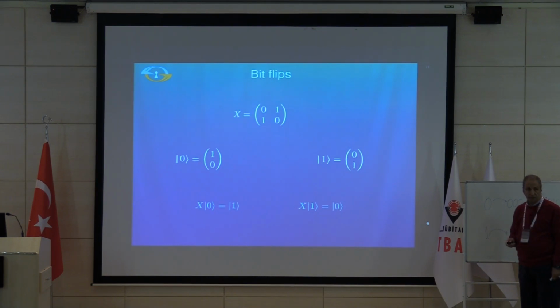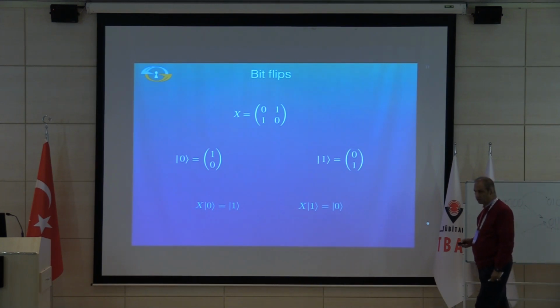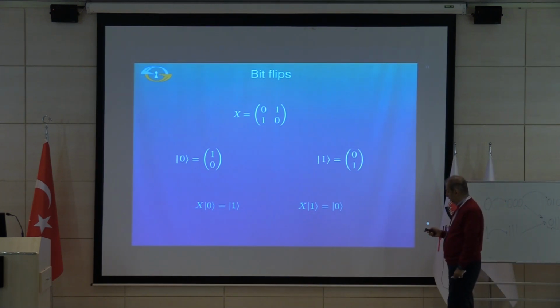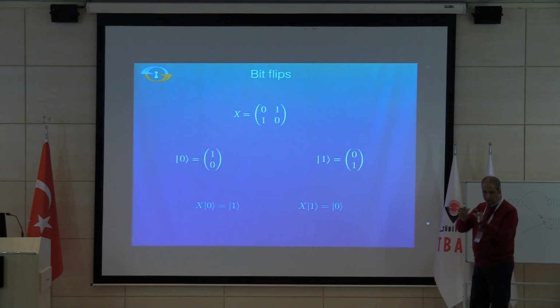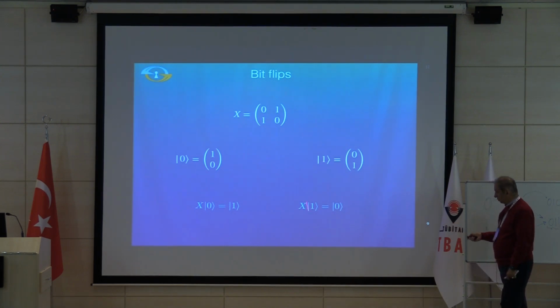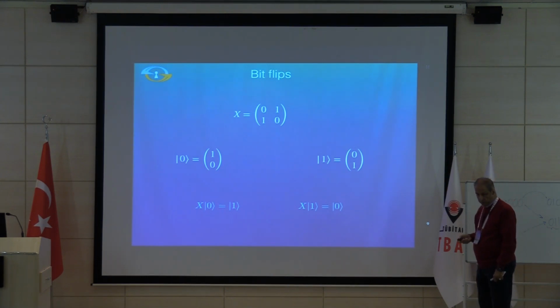And this is the sigma x operator. We call it a flip operator, or bit flip operator. What does it do? It flips 0 to 1 and 1 to 0. So it's called bit flip.